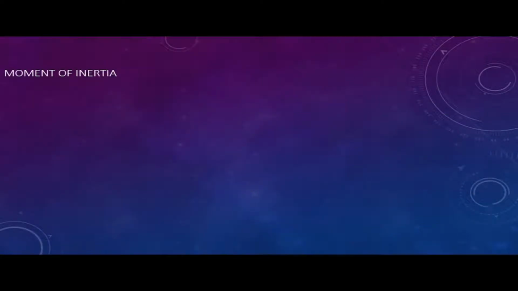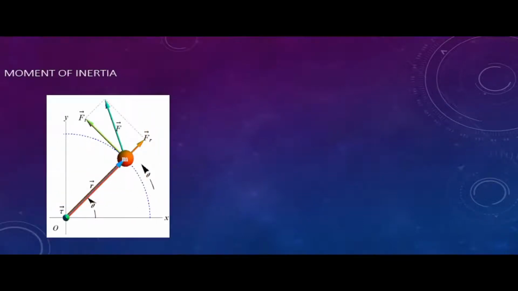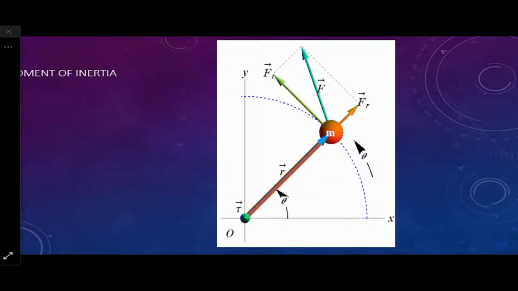We can now study and explore the free body diagram of this system using this diagram. We can analyze the forces that are acting on a particle M. And here R is also the radius of this circular path, and R can also be considered the length of the wrench or of the lever arm, and Fr is the radial component, and Ft is the tangential component of the force, and F is the resultant force.